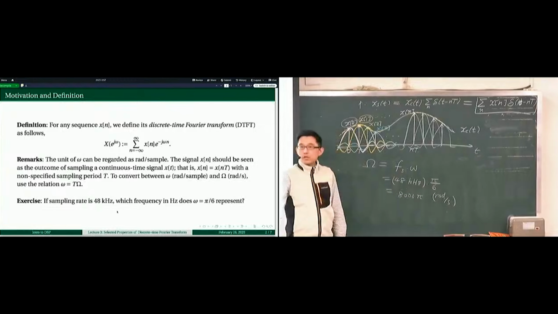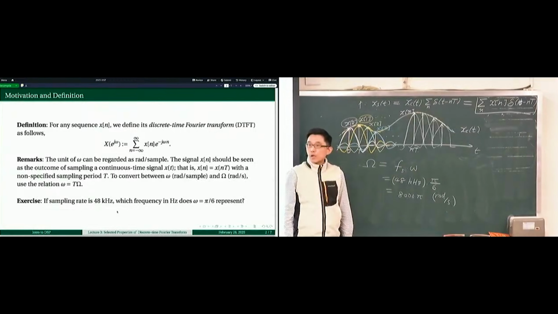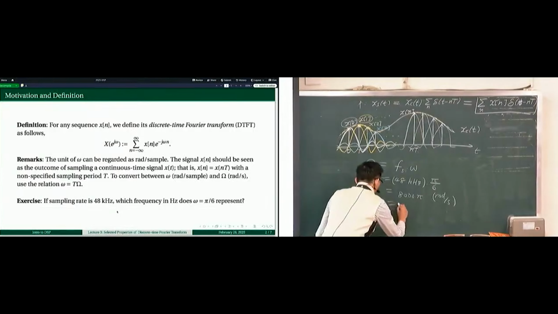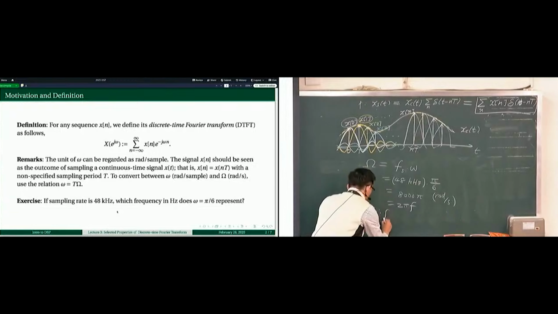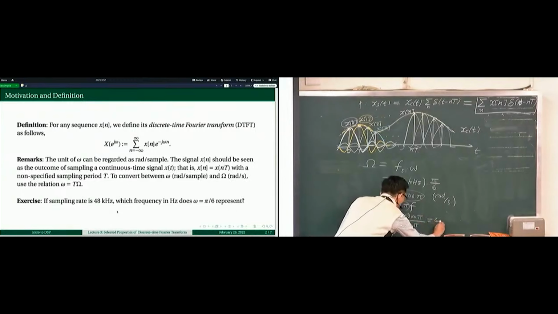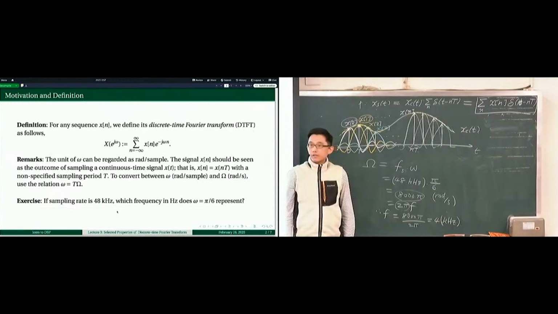That's the frequency that corresponds to pi divided by 6 when the sampling rate is given as such. But now this is equal to 2 pi times the actual frequency in hertz, right? So therefore, the corresponding frequency is 8,000 pi divided by 2 pi, which equals 4,000, or 4 kilohertz. Okay, so that's the answer.